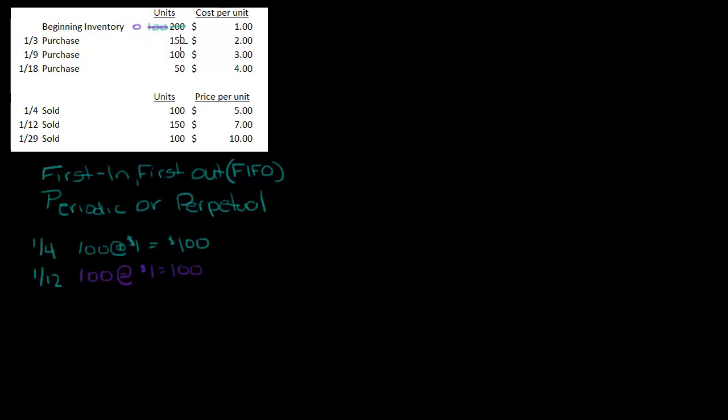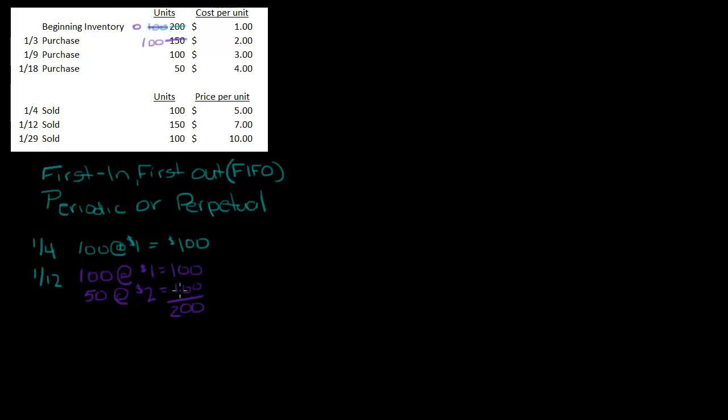So I'm going to take 50 units from here, because that's the next purchase. So I've got 50 units at $2 each, and that's another $100. So the total for the sale on 1/12 is going to be 200. Now again, I'm going to update my numbers. I took 50, so I have 100 left.